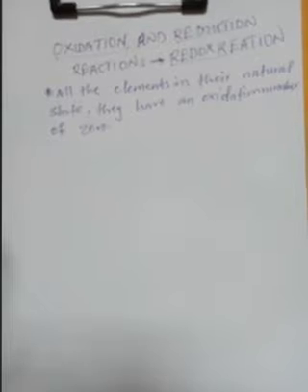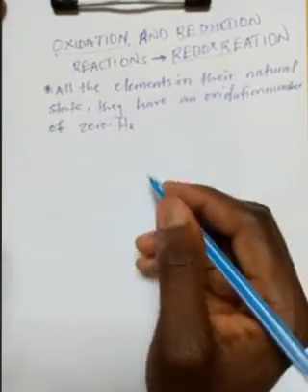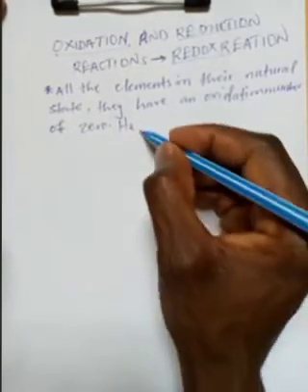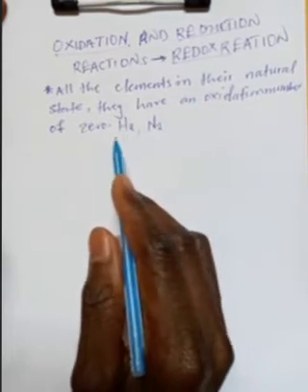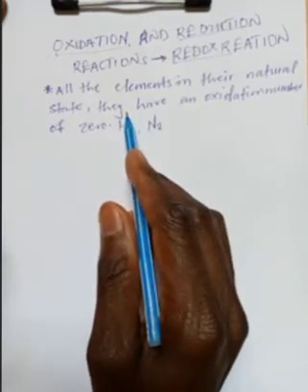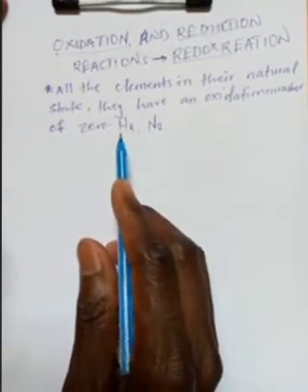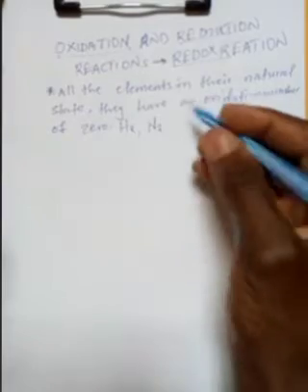We know that there are many elements that exist as atomic elements. A good example is hydrogen. We can also have nitrogen. If it exists as an element alone, automatically it has an oxidation number of 0. But if it is in the form of a compound, it will have a certain number as its oxidation number.